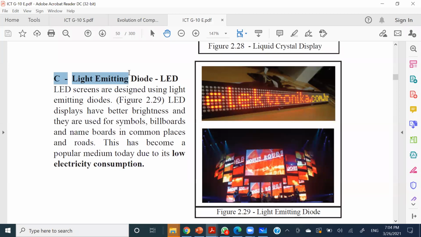capital C, light emitting diode, LED. So the first point will be designed using light emitting diodes. That will be the first point.